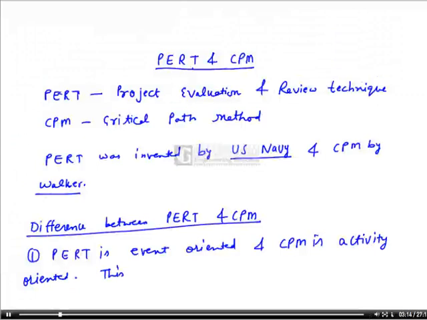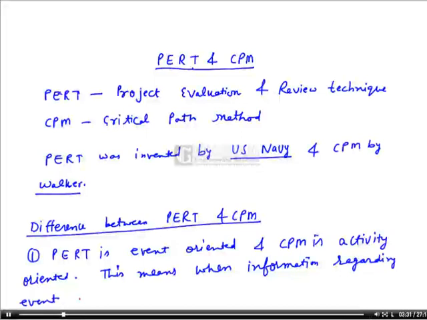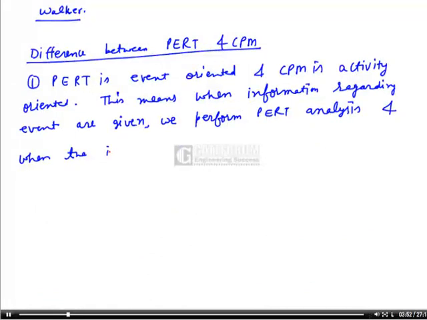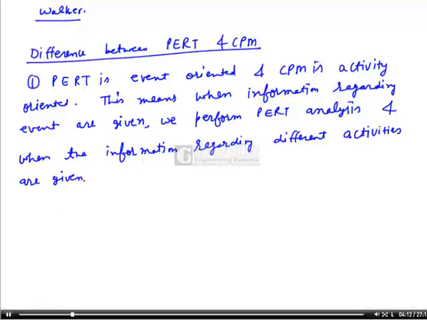This means when information regarding events is given, we perform PERT analysis, and when the information regarding different activities is given, CPM analysis is done.